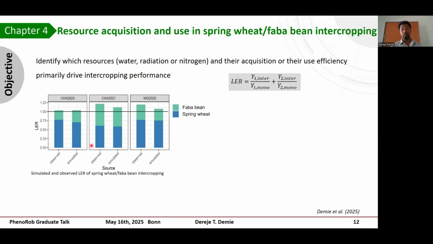Previous literature shows that it is attributed to complementary resource use, such as water, radiation, or nitrogen, but we do not know which resources are really the main driving force, and we do not know if it is attributed to acquisition or use efficiency. Use efficiency means conversion efficiency, the efficiency of converting the acquired resource to biomass and grain yield.